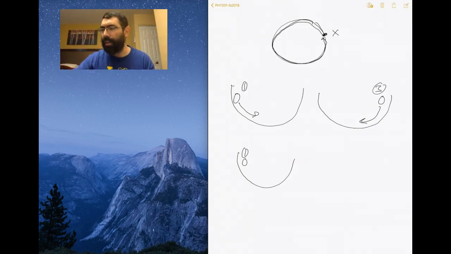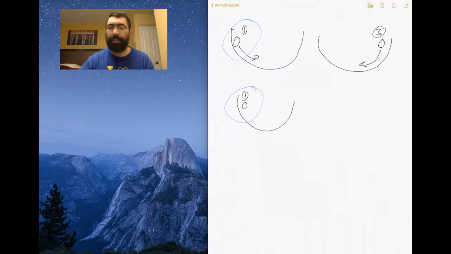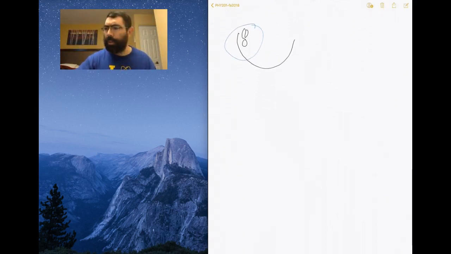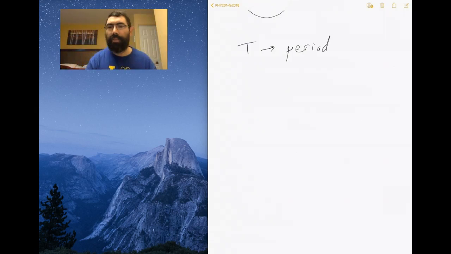And so the period now is the time it takes to go from starting position 1 and return to starting position 1. And so that's what the period is. If I just give it the symbol T, like we always have.